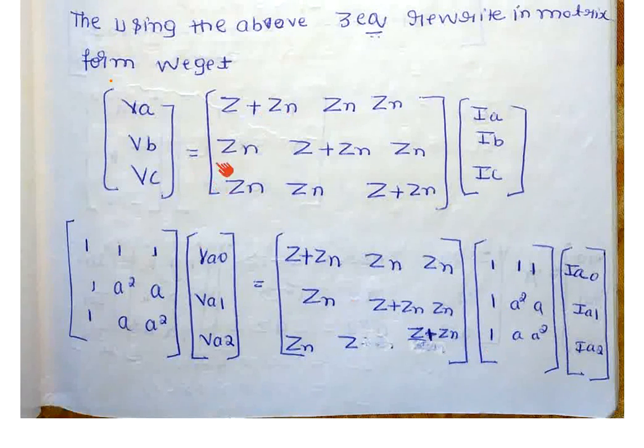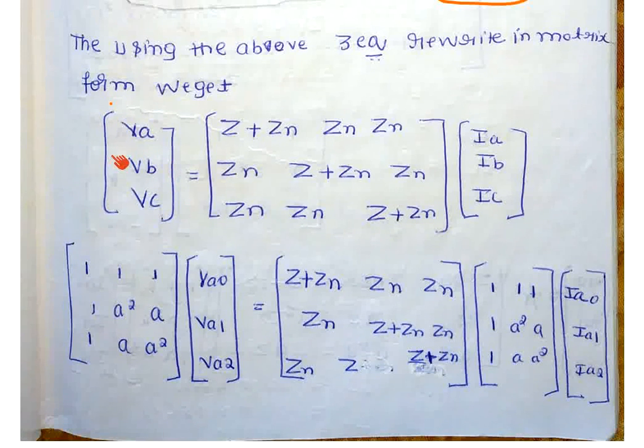Now, what are VA, VB, VC? These are my phase voltages. If I need to represent this in terms of symmetrical components, we have derived that in the second class. You know that VA, VB, VC can be written as the matrix 1, 1, 1; 1, a square, a; 1, a, a square times the symmetrical components.